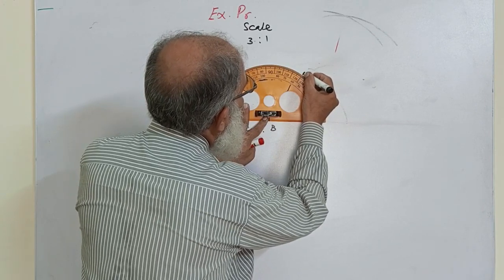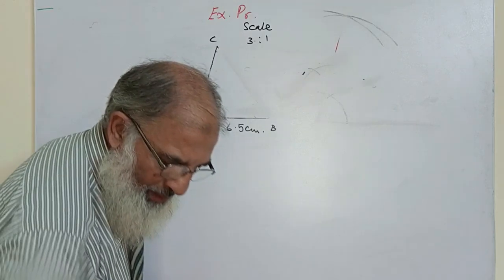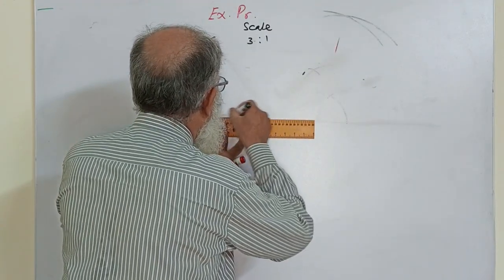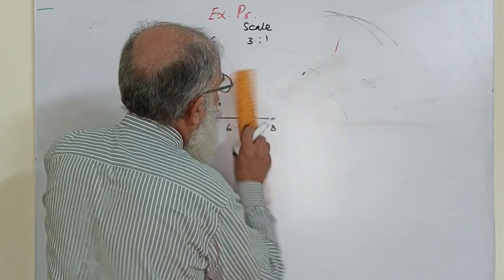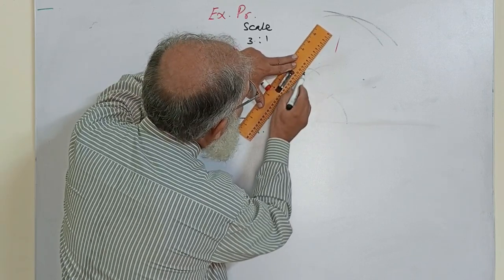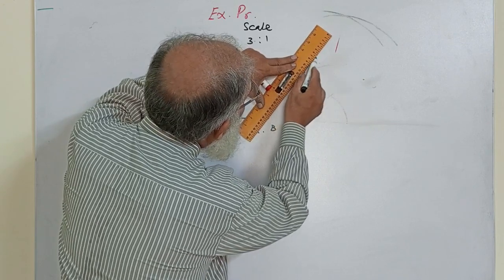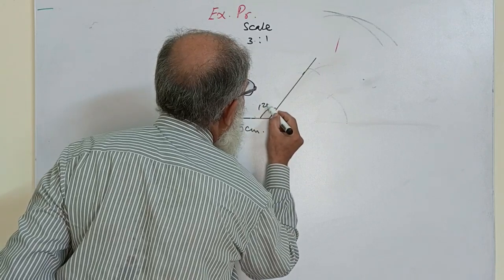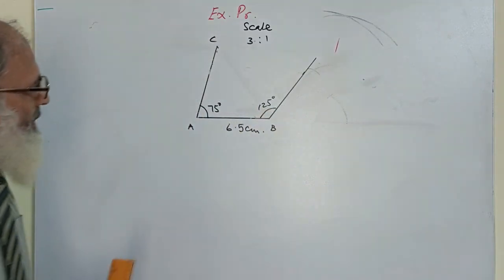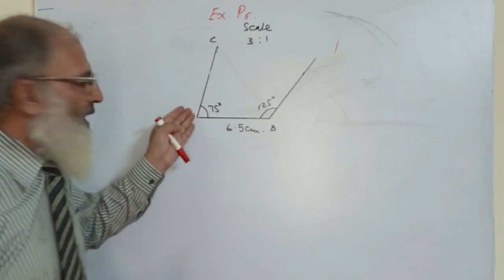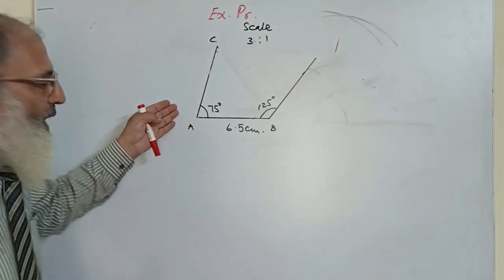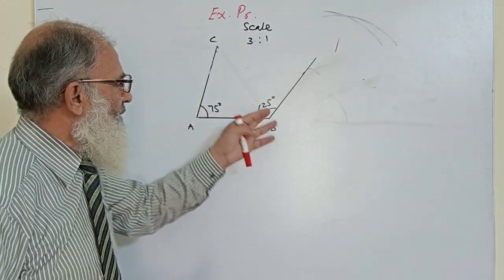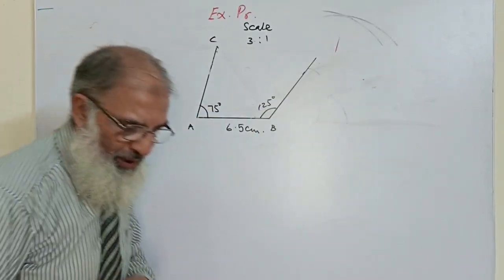This is 125 degree angle, you can write it over here. This angle was also constructed by compass, and the other we have done with the protractor.